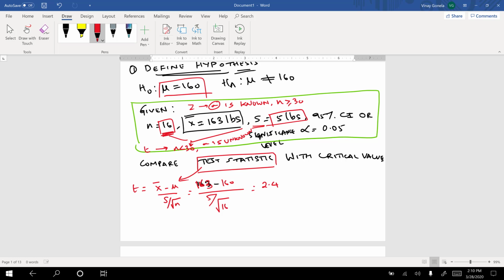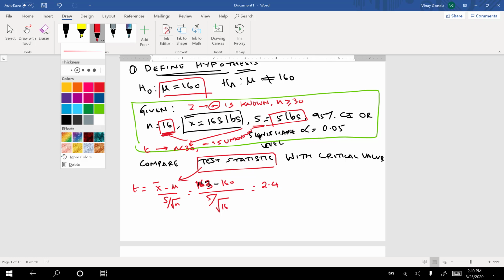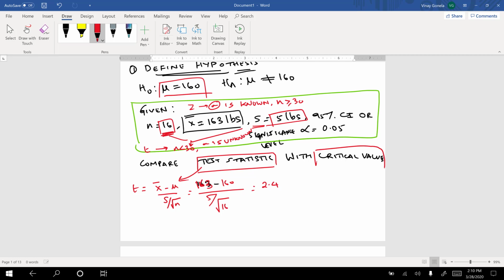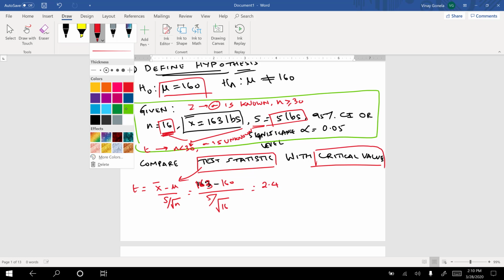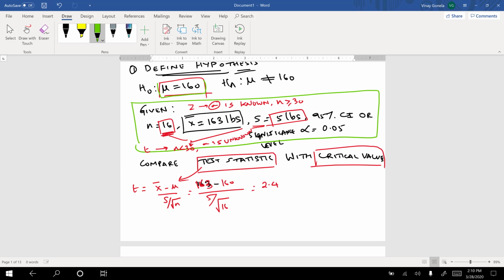So now the next step is to determine the critical value. Because your hypothesis is mu is equal to 160 and mu not equal to 160, that means you will be able to disprove the president's claim on both sides of the normal distribution curve.